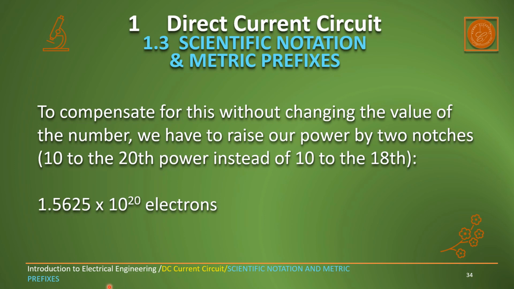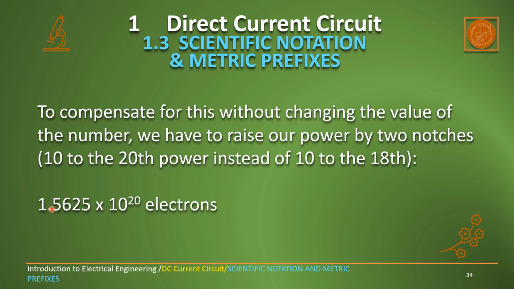So we can write 1.5625 times 10 power 20 electrons. Because in scientific notation the first significant number is between 1 and 10. Actually, it's 1 to 9, the maximum is 9. So the decimal should be put after the first significant digit.